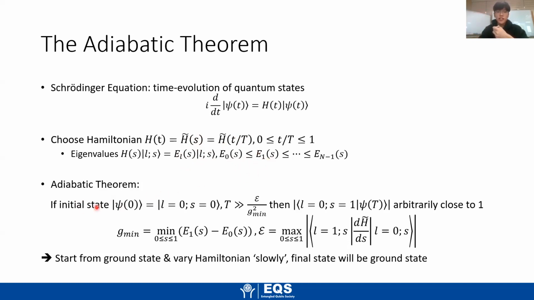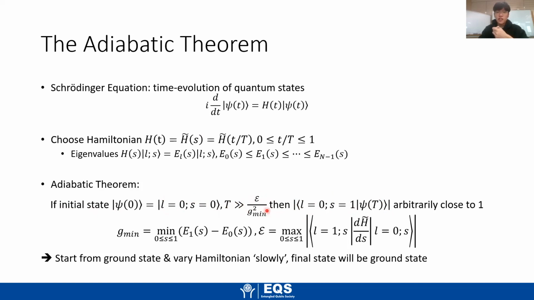And then we have the adiabatic theorem. This is pretty long, but I'll try to explain it very shortly. If the initial state is the ground state of the initial Hamiltonian, and if T is larger than some value, then the state at time large T will be arbitrarily close to the ground state of the final Hamiltonian.